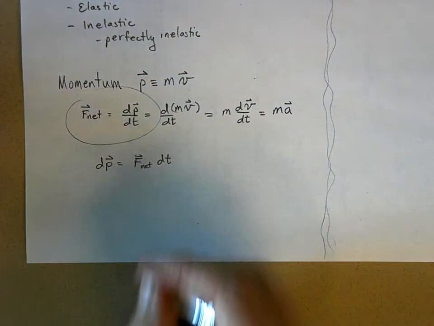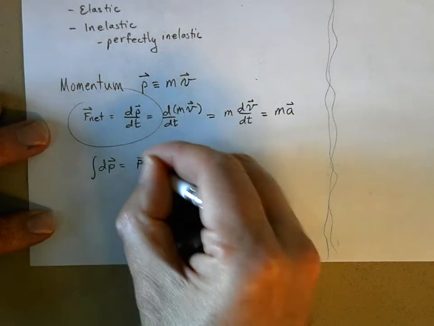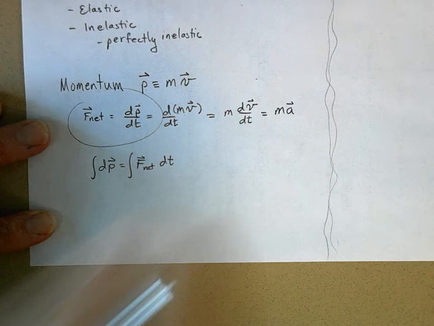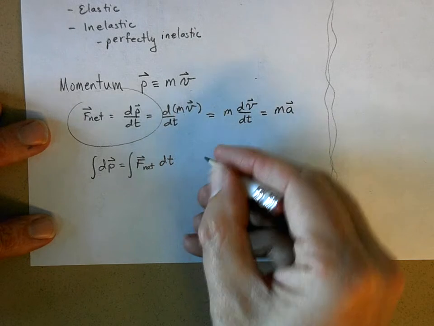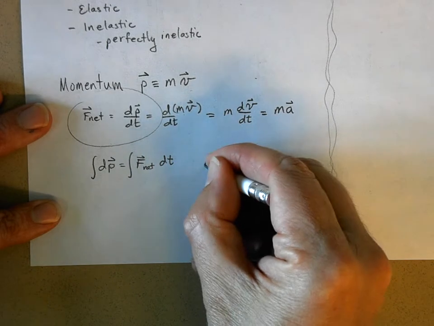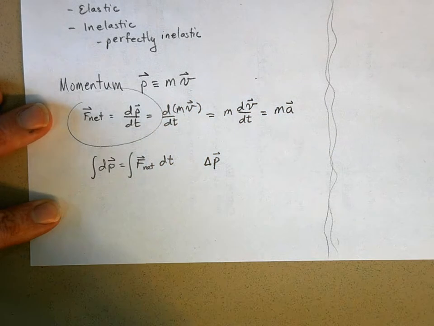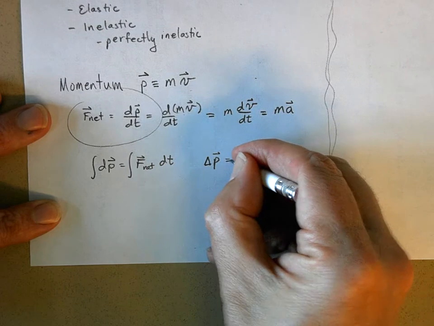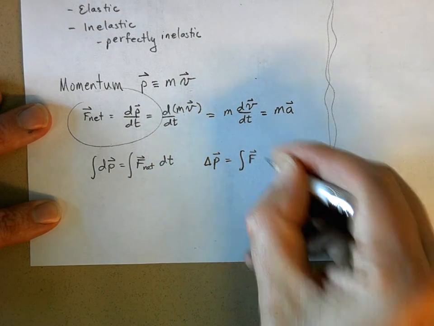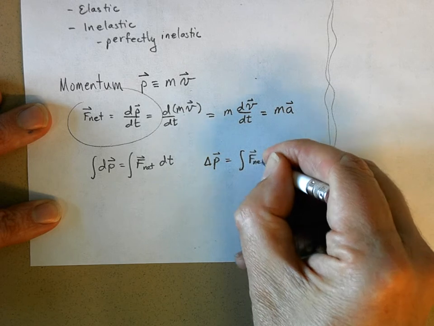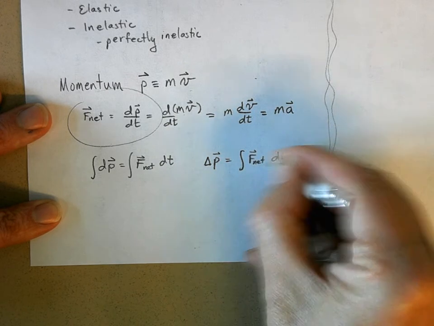And then we just take this and we integrate it over some interval of time, some t initial to t final. And this gives us the impulse-momentum theorem that says the change in momentum of an object is due to an impulse. And an impulse is the integral of force over time.